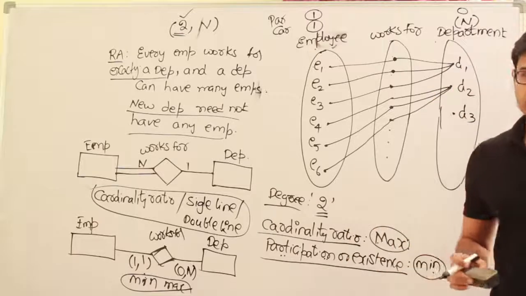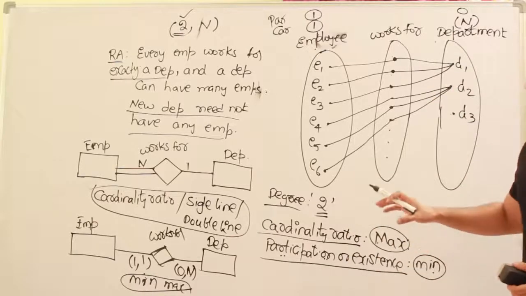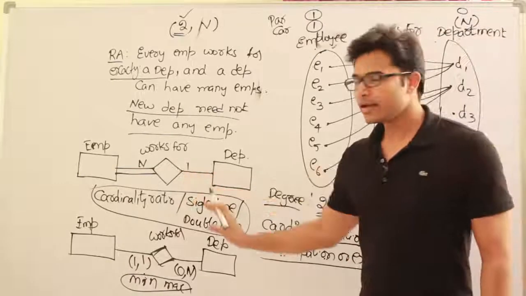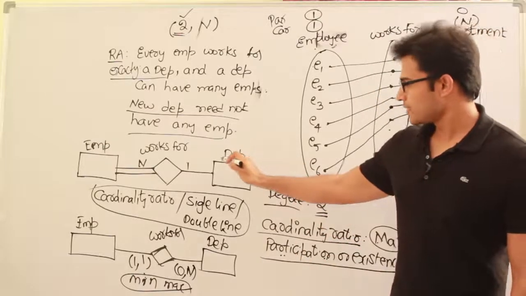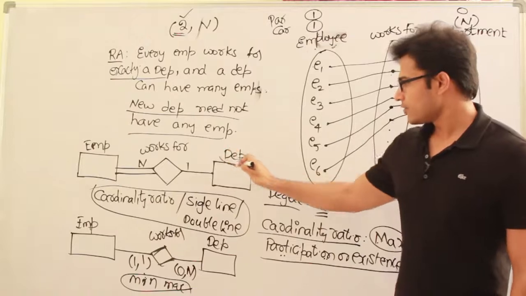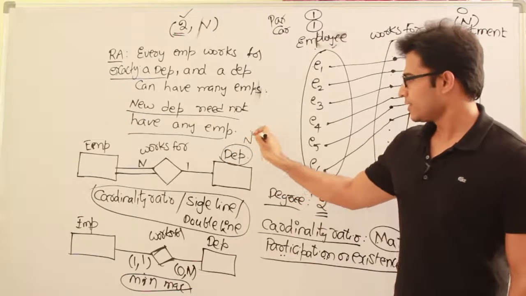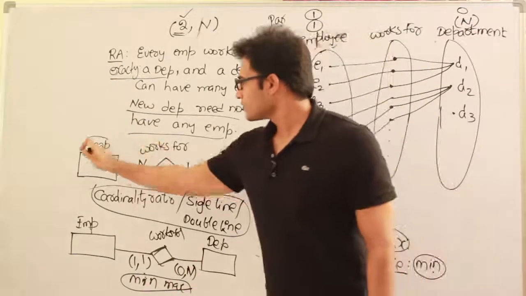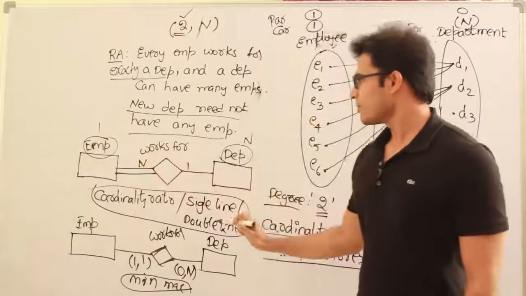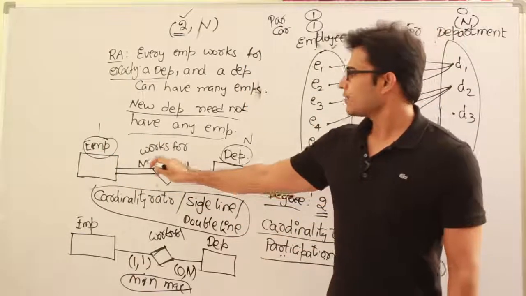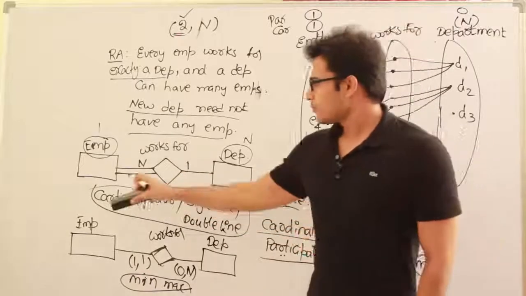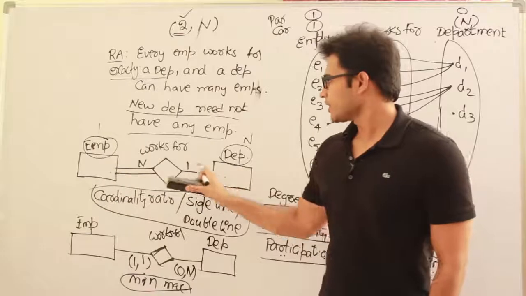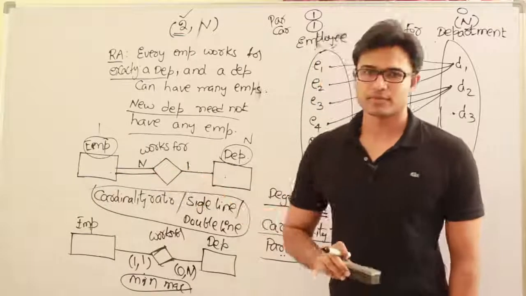So the only confusing thing here is when you write this type of single line double line representation, even though the maximum participation or the cardinality of department is n, right, and the cardinality of employee is 1, while you write the numbers you write 1 here and n here, because it looks logical that way. See, employee to department is many to one relationship, isn't it?